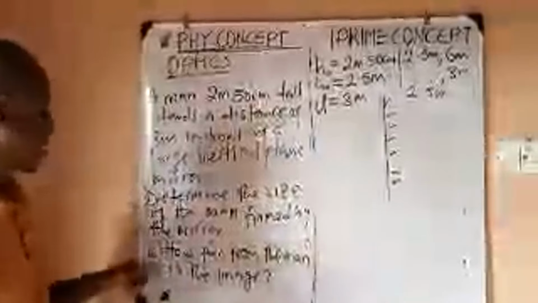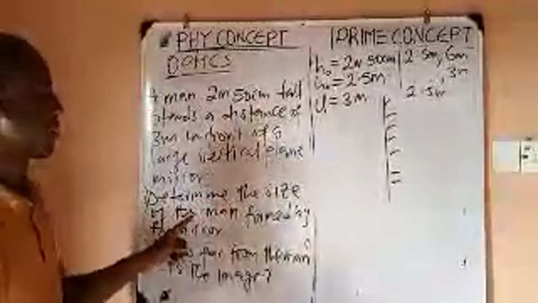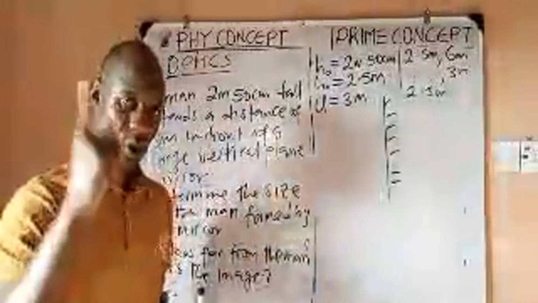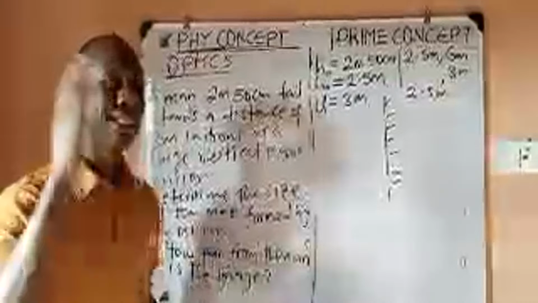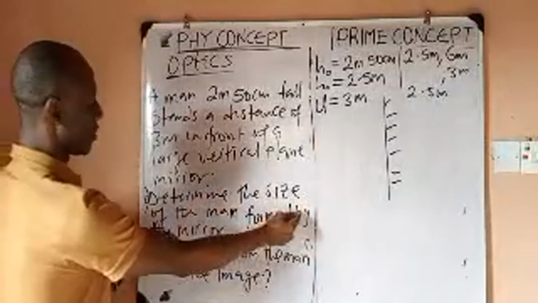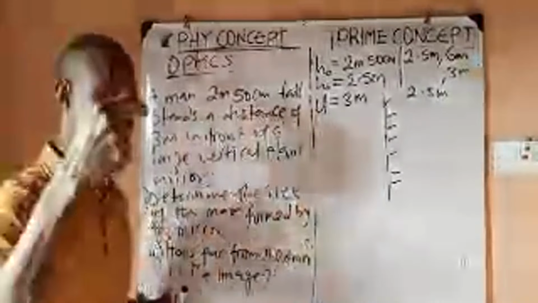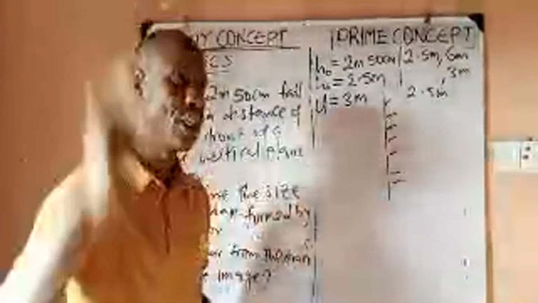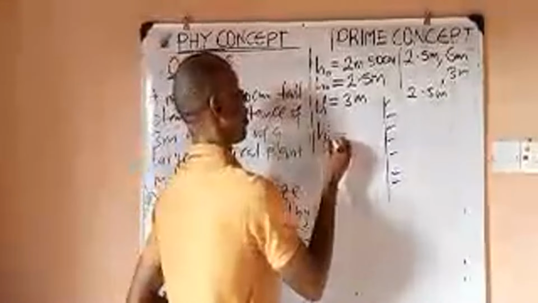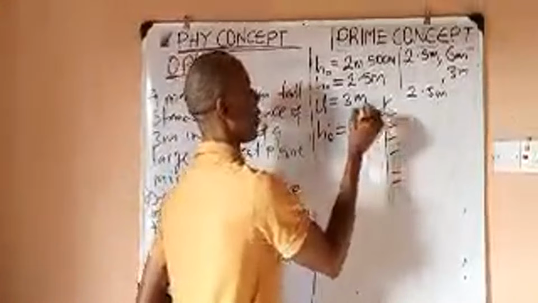And the first question says, determine the size of the man. Size simply means height. Don't forget. Whenever you hear size, it means height. Determine the size of the man formed by the mirror. So it means they want us to get the height of the image. For plane mirrors, height of object equals height of image.